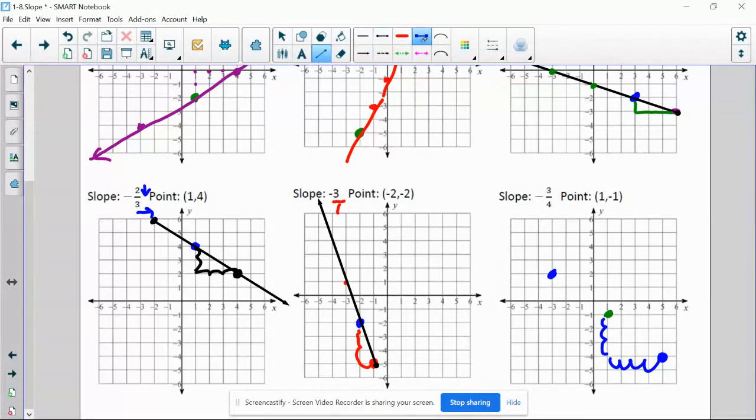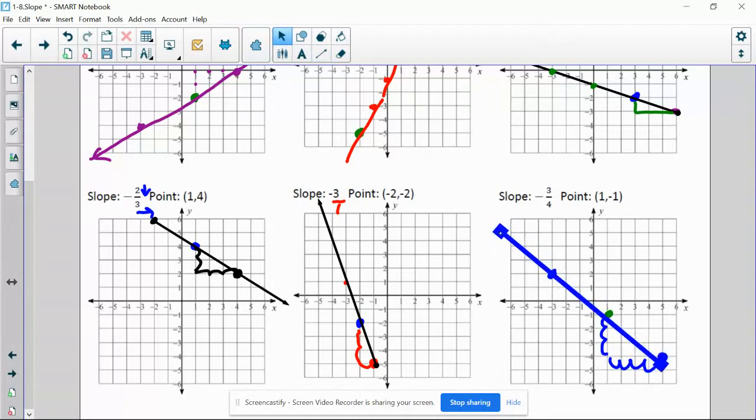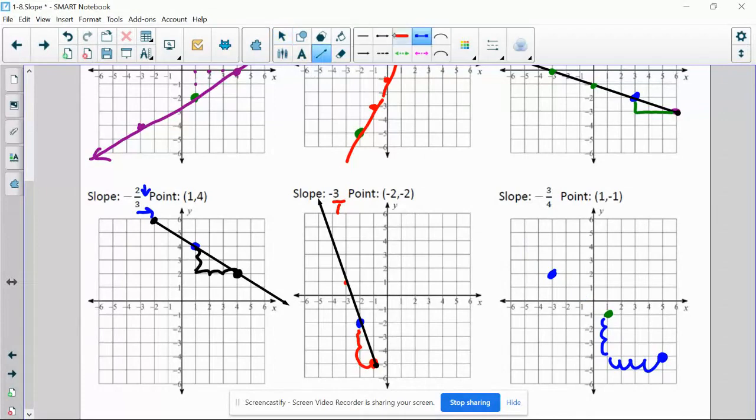And then doing the best that I can, I'm going to go from one point. Oops, that was not where I wanted it. Let's just keep going. All right, try it again. From this point, go through that one.